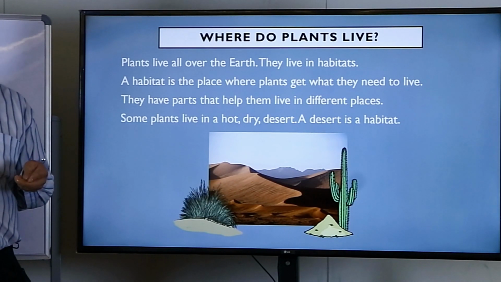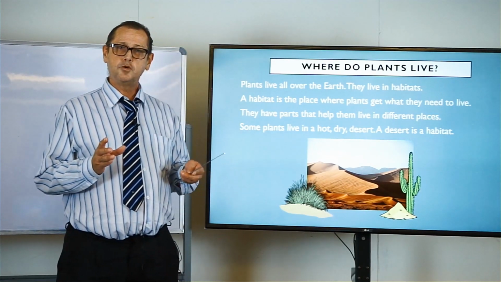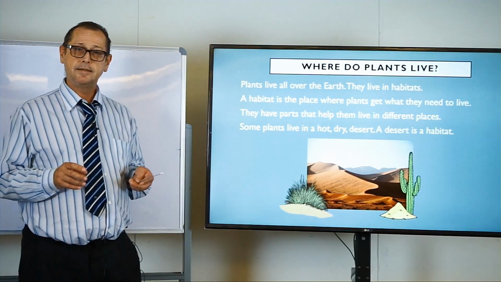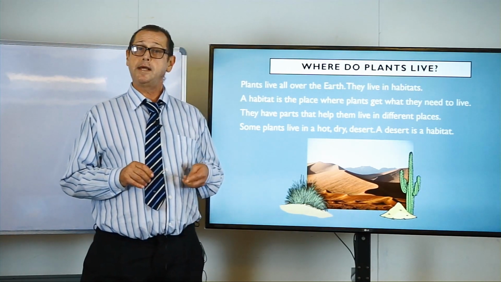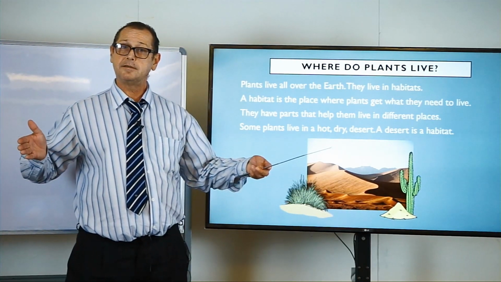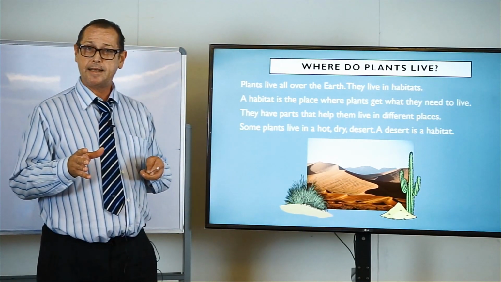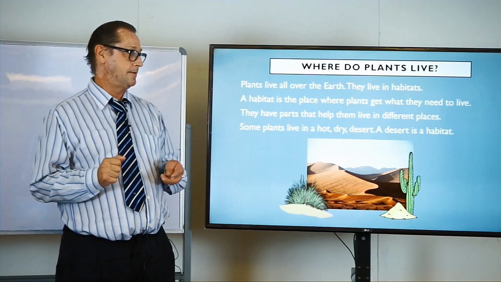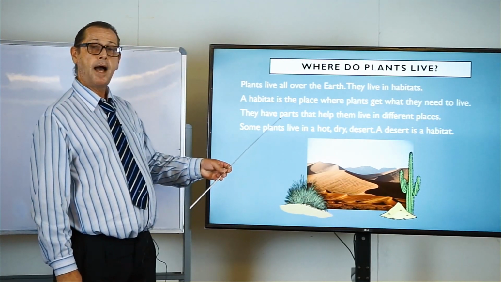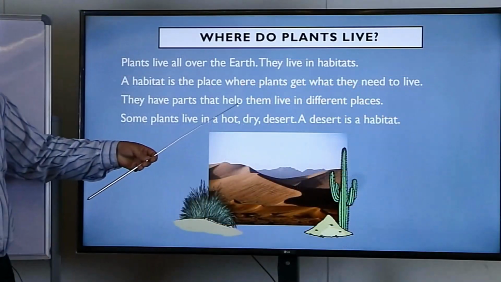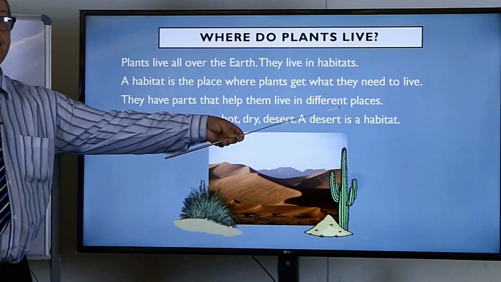Do they need rice? No. Do they need air? Yes. Do they need water? Yes. And do they need space? Yes. Okay, so this is what a habitat gives the plant. Right, they have parts that help them live in different places.